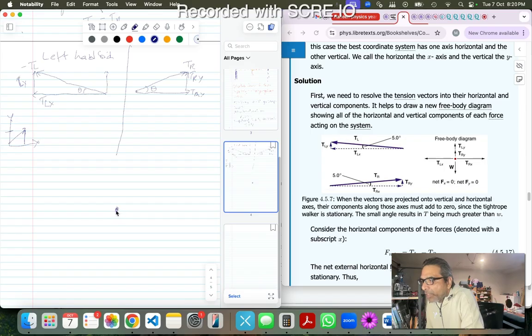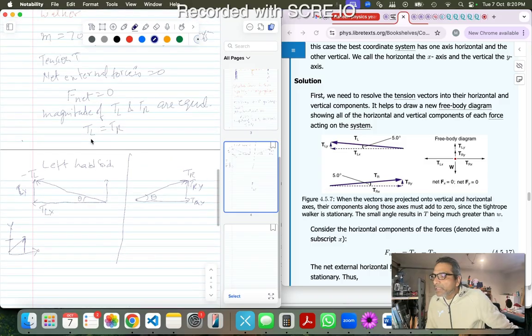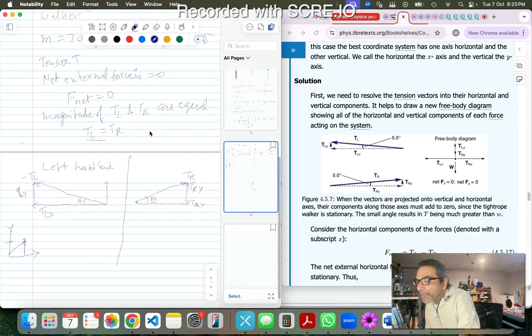Now we know downward there will be the weight component. The second thing we can conclude here is that TL is equal to TR. Also, we can say F net X equals 0 and F net Y equals 0.